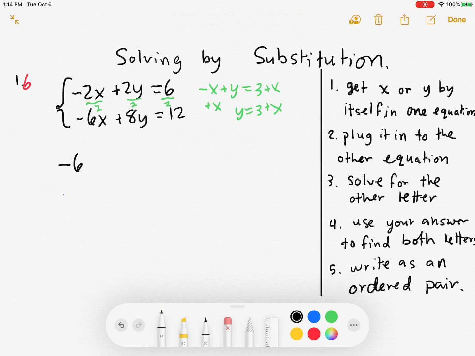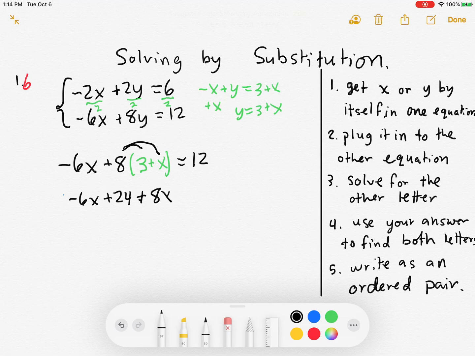We have negative 6x plus 8, we're replacing y with 3 plus x, equals 12. Okay, we just go ahead and solve. I'll do that really quick because I don't think this is the part you'll have trouble with, setting it up. Negative 6x plus 24 plus 8x equals 12.